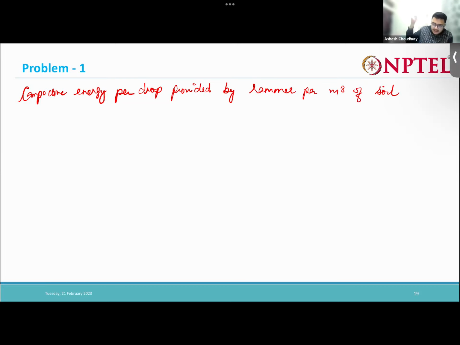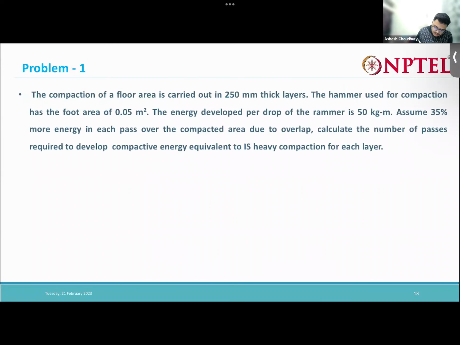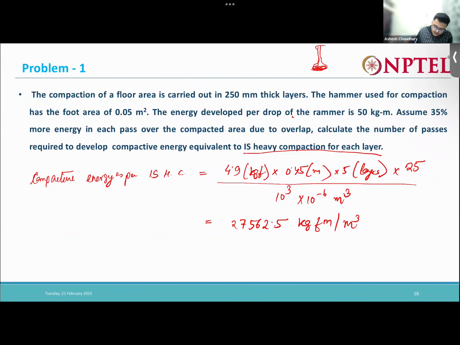Okay, so for the RMR that we are using, let us see how much energy per drop it actually provides. It is equal to 50, because the force given to us is 50 kg-meter per drop.